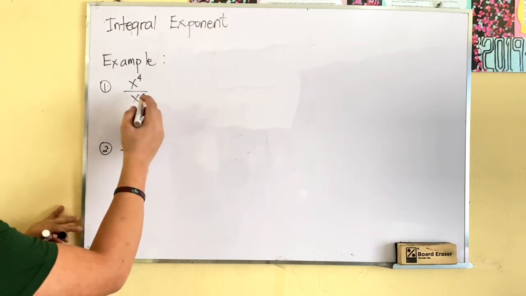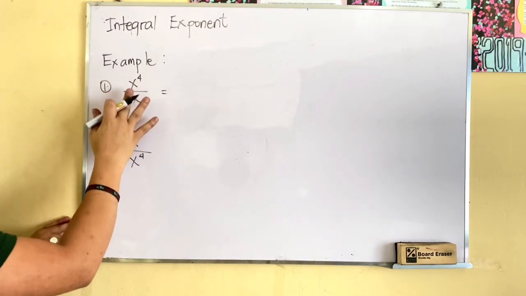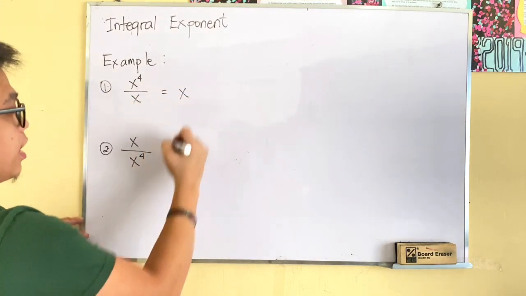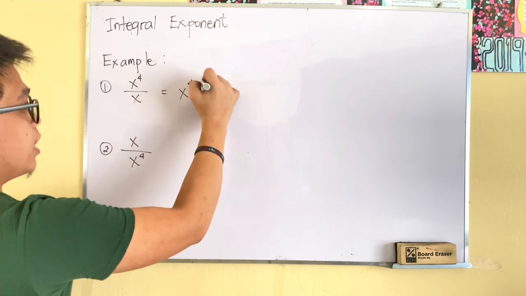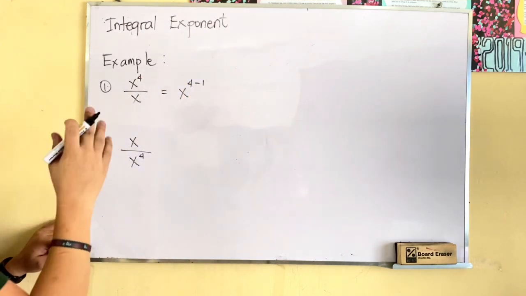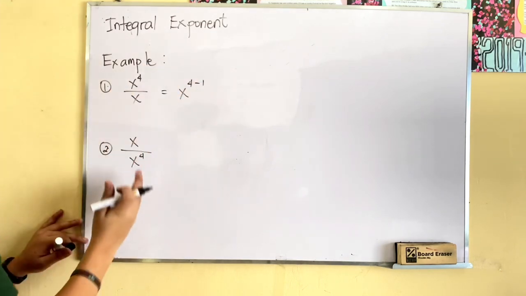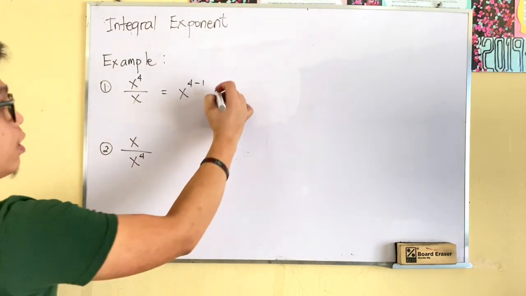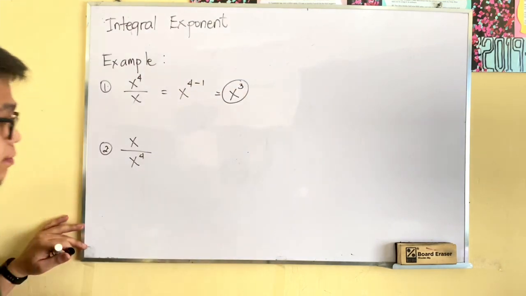Okay, let us answer the given expressions. So, x raised to 4 divided by x. As you can see here, they have the same base, which is x, and it is division. So, we subtract the exponents of the bases. The larger exponent is in the numerator, so it stays on top. x raised to 4 minus 1 is simply x cubed or x raised to 3.